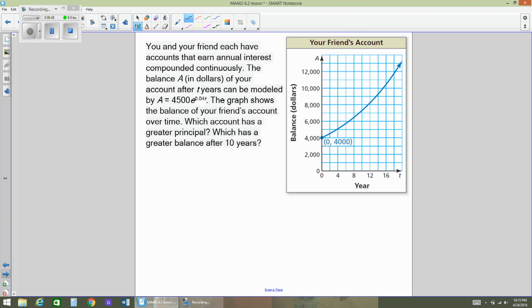So remember what principal is. Principal is just that initial amount. So your account is 4,500, so we get to start right here. It says, which account has a greater principal? Well, we can already see that's where we start. So ours is greater.